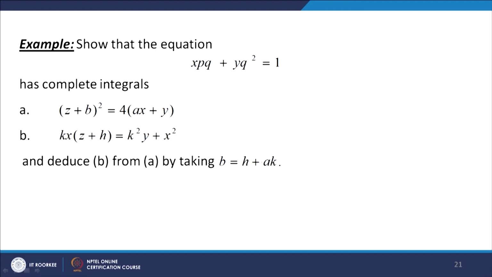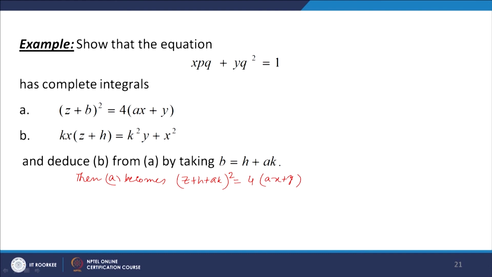So let us take b equal to h plus ak, then a becomes z plus h plus ak whole square equal to 4 times ax plus y. This is what we get.